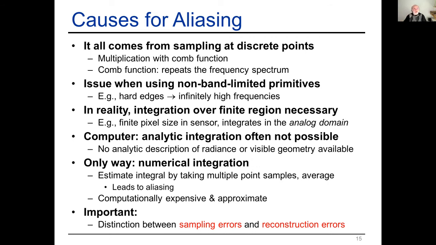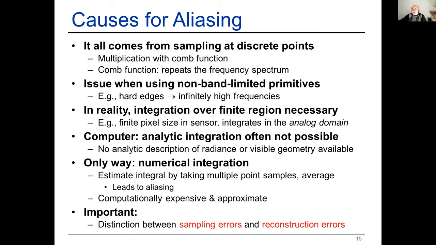And if you can't do that correctly, the error is there. You cannot remove this error later on. And the problem obviously is if you have sharp edges in your image, you will have aliasing, right? Because that requires infinite frequencies to represent this sharp edge. We cannot sample at infinite frequencies, so we will have aliasing.